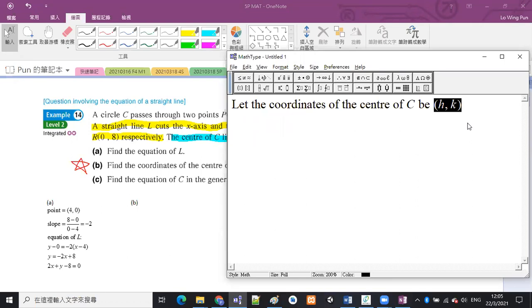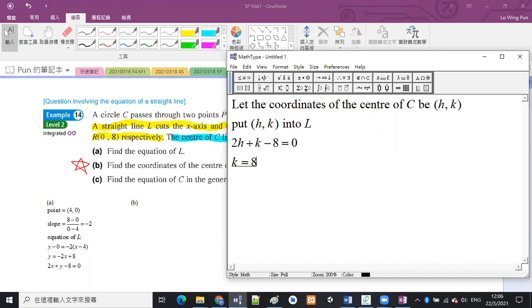The center of C lies on L, so we can put the coordinates of the center into the equation of L. Okay, so put H, K into L. The equation of L is 2x plus y minus 8 equals 0, and it becomes 2h plus k minus 8 equals 0. 好啦，put 完咁點？一條式裏邊有兩個未知數，我哋係未 ready 去計到任何一個未知數出嚟。但係我哋可以做一樣嘢，個 k 可唔可以轉做 subject 先？So make k the subject of the equation for future use.